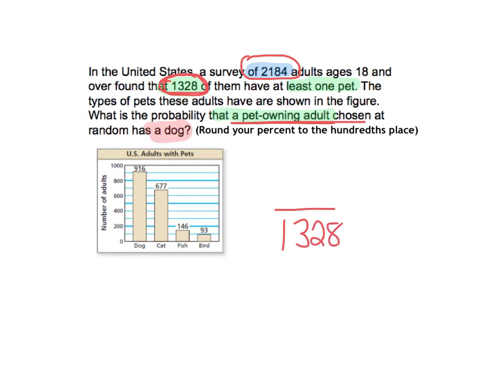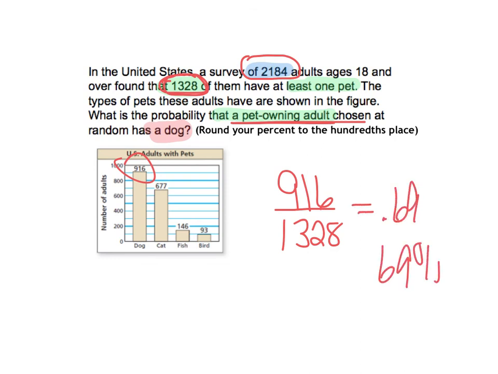So you have to read the question carefully. Then you look at your graph and ask how many of those have dogs. Well, 916 have dogs. If we divide 916 by 1,328, we get approximately 0.69, or a 69% chance that if you picked somebody at random, they would own a dog.